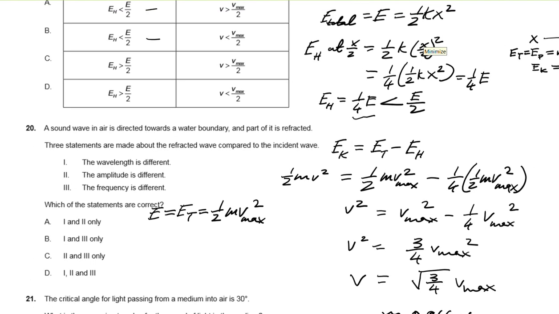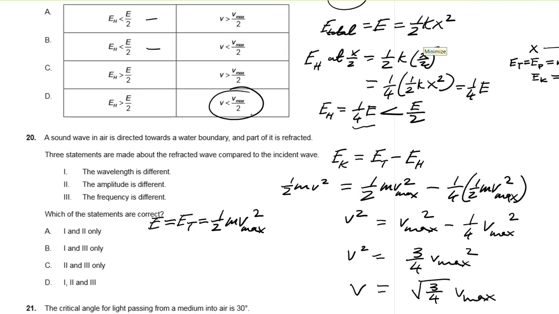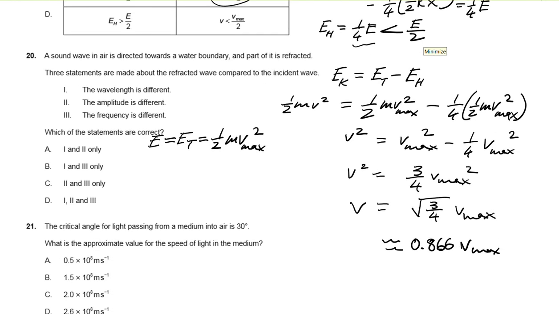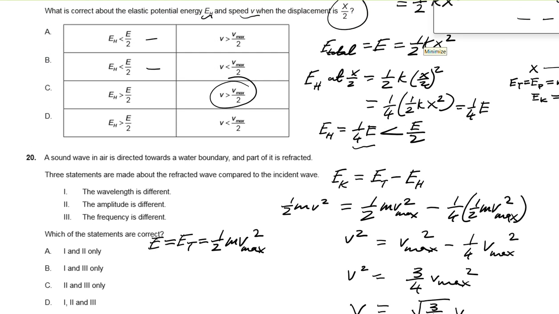And so we can easily tell from this that our v is greater than v max divided by 2, right? It's more than 0.5. So it has to be either of these. And so our answer is A.